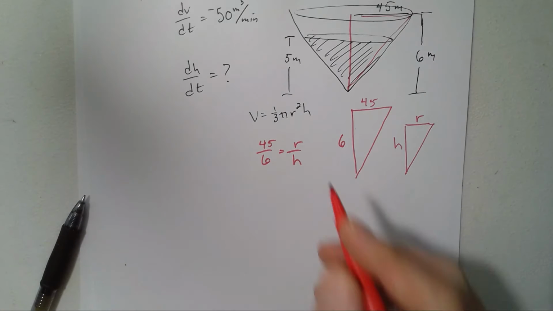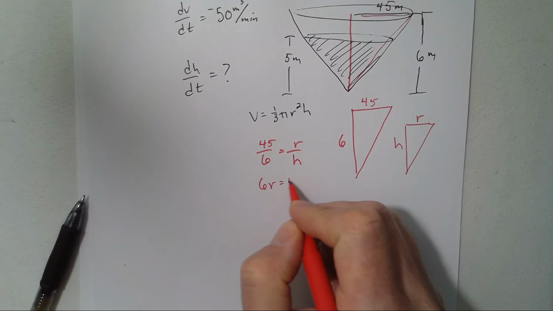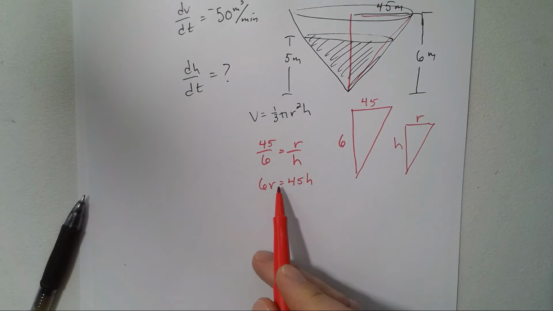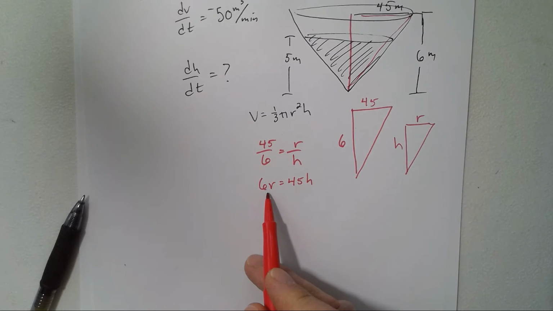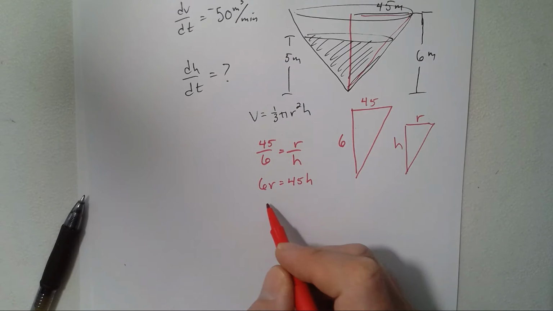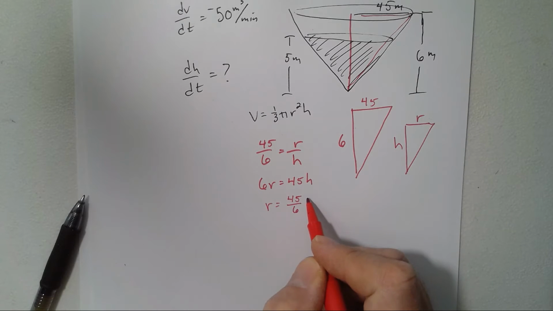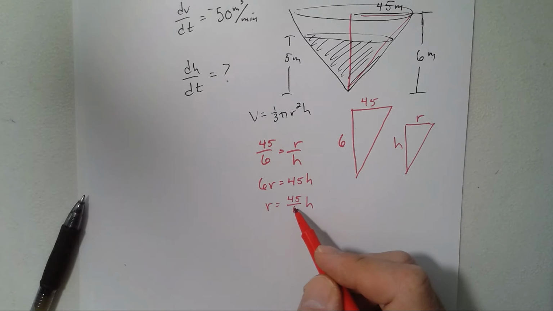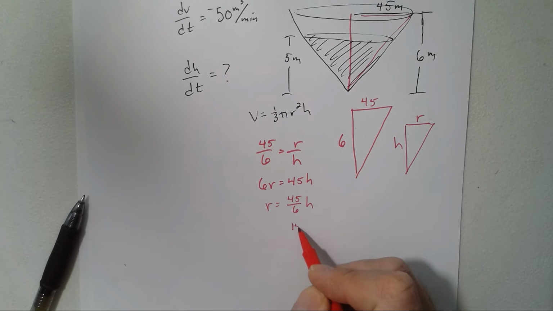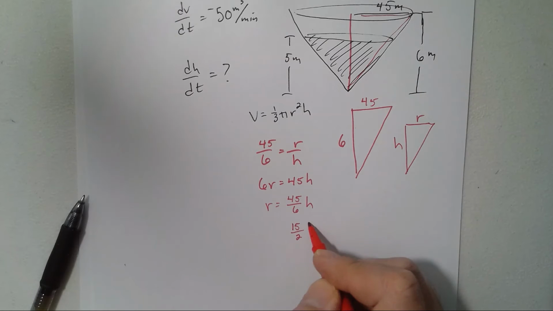Cross multiply, 6r equals 45h. We need to write r in terms of h, so r equals 45 sixths h, which simplifies to 15 halves h.